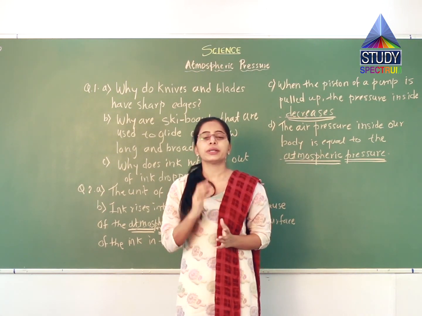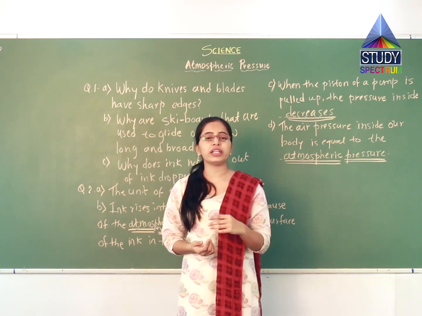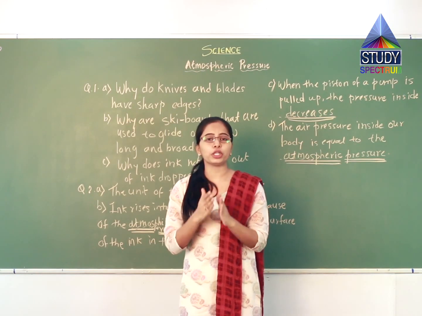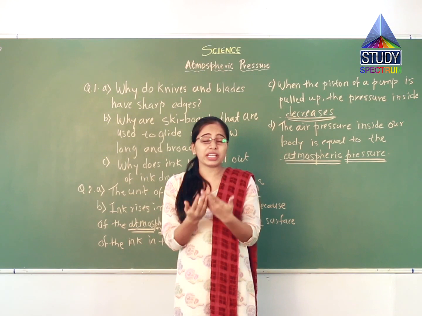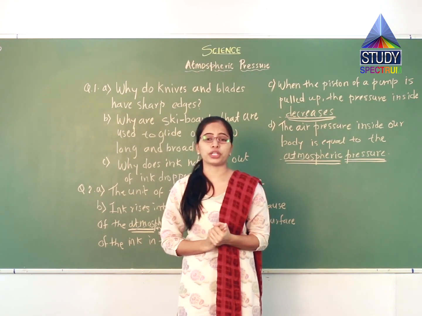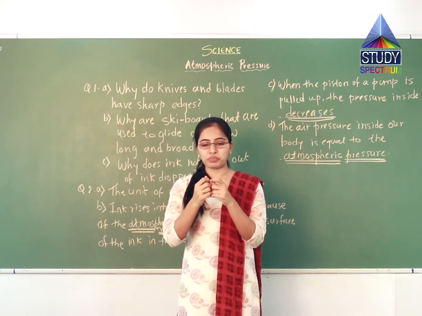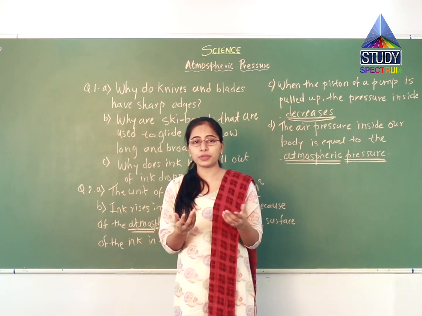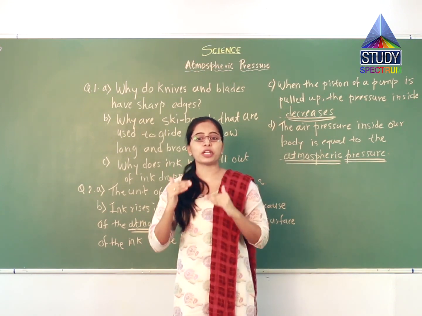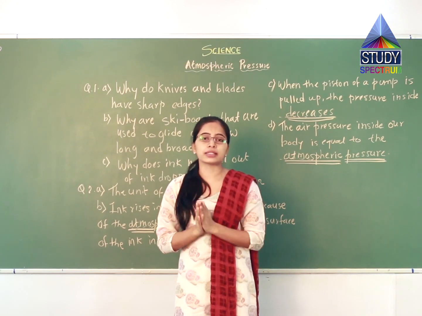Then third one is blunt weapon. Blunt weapon means which is not sharp. So if you try to cut something with a blunt weapon, it will be very difficult to cut that particular object. This is because if the weapon is blunt, the area which is cutting is not sharp, the area is larger, so pressure will be reduced and because of that the object will not cut easily.